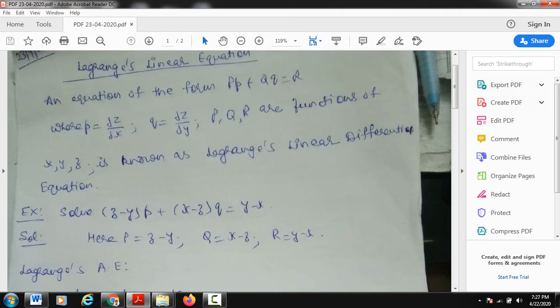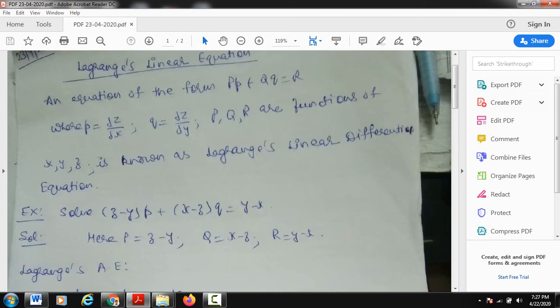So first of all, what is Lagrange's linear partial differential equation? You can say it is a first order linear partial differential equation, in which the highest order derivative under consideration is 1 and its degree is also 1.